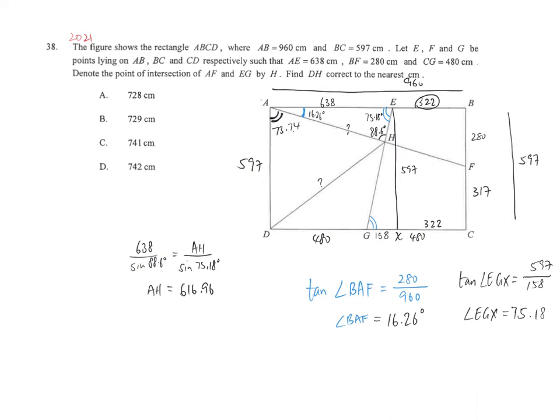Now, because you know AH, you know the angle 73.74, and you know the 597, this is like side-angle-side. With side-angle-side, you can use formula number 2 for the cosine theorem on your calculator, and type in the two sides. First the 597, then the 616.96, and finally the angle 73.74, because the calculator works in that order, and you will find that the answer is 729 cm. Okay, so that's giving us the answer for B.